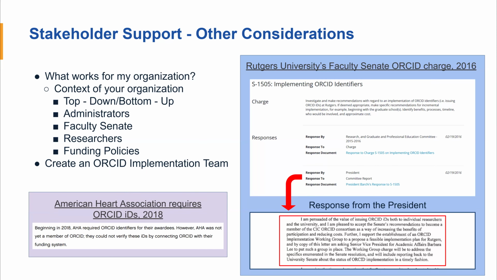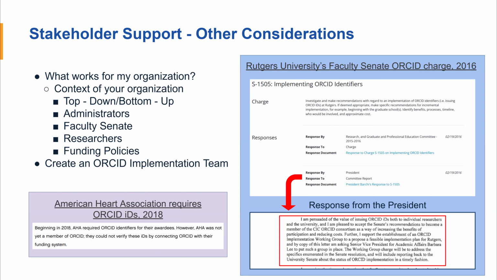Or it could be a bottom-up approach. So looking at maybe a faculty senate could be a way for your organization to work on looking into ORCID and making all of those changes that would be important in your organization.